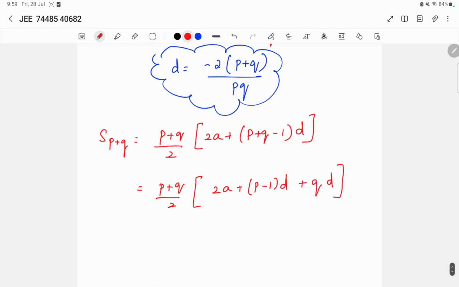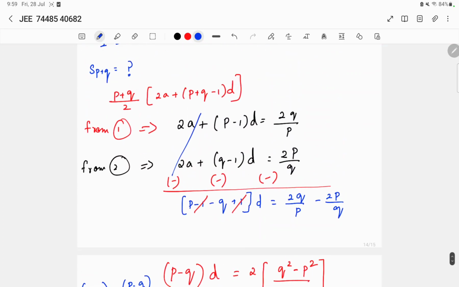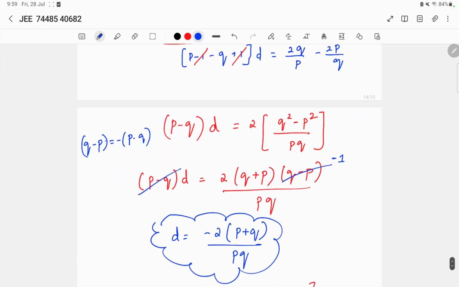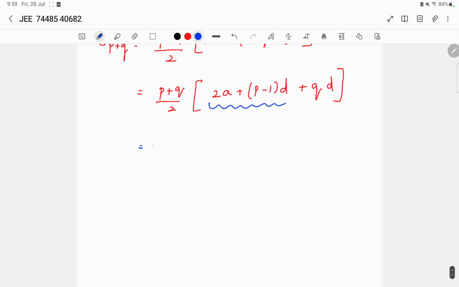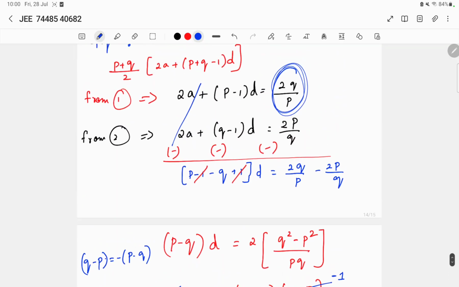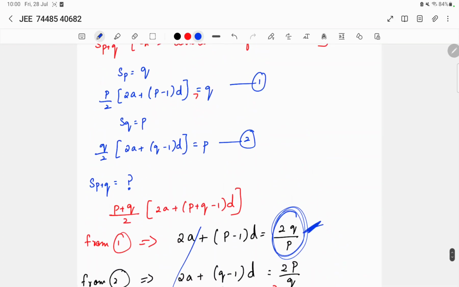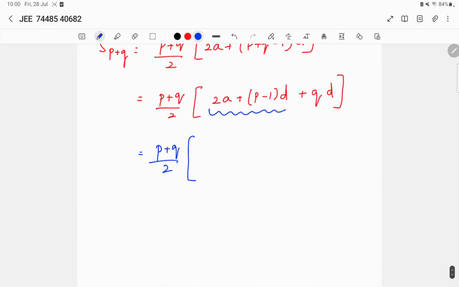I can write it like this. Now this 2A plus P minus 1 into D is the same as 2Q by P, from 1 I can take 2Q by P.